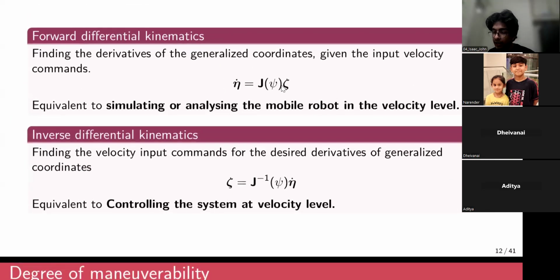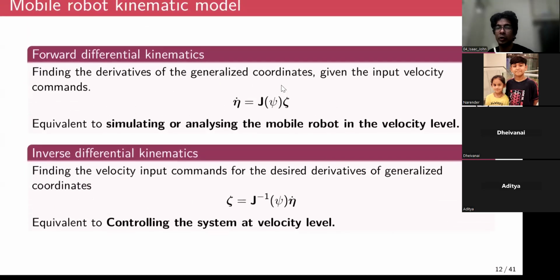Okay, so now that we have established the kinematic mapping between the two frames, eta dot and psi, there are two problems of interest that we would like to solve in kinematics. The first one we call forward differential kinematics.